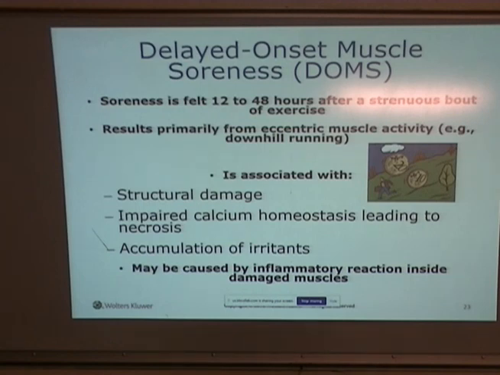We can use progressive overload principles, right? So we start them off very light, and then we give them a little bit more over time. We progress the intensity of the work so that we can minimize how much damage we're doing and how much soreness they're going to feel.